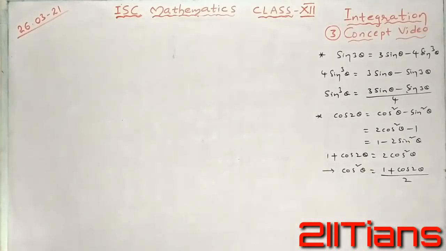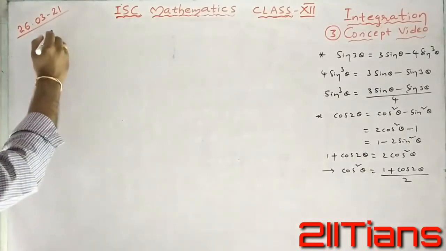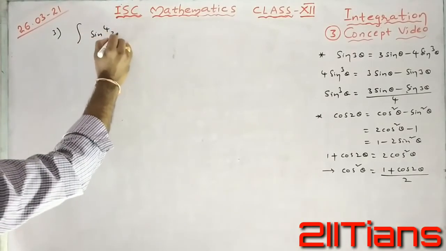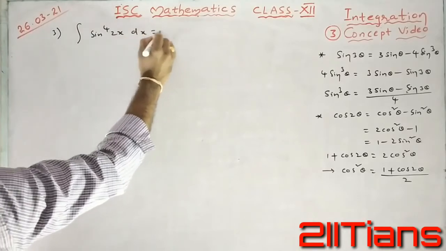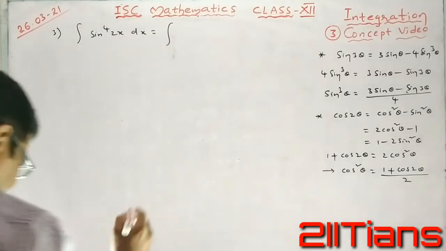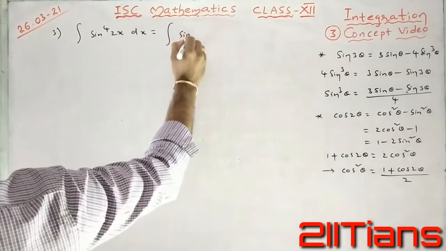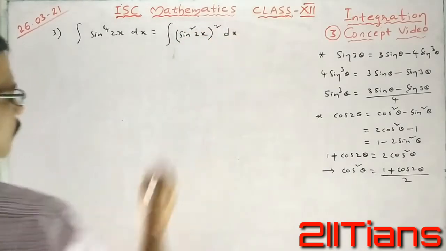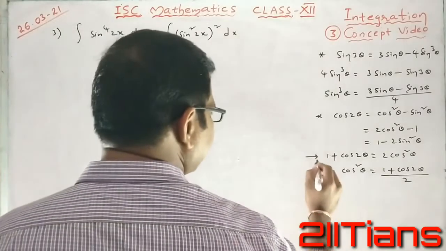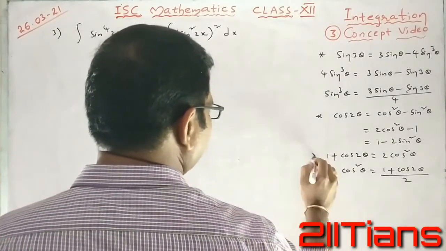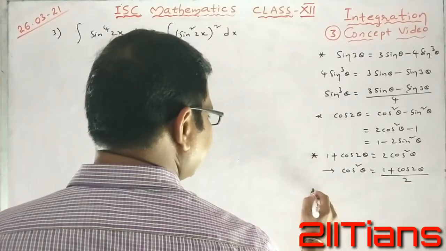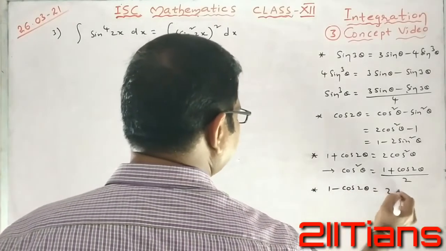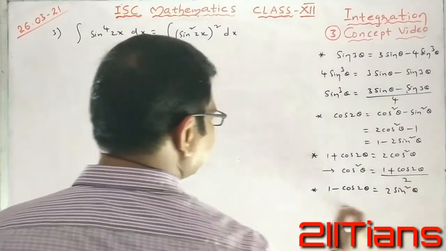Integral sin power 4 2x. Third one. Integral sin power 4 2x dx. This we can write integral (sin square 2x) whole square dx. So already I told you here, 1 plus cos 2 theta means we can write 2 cos square theta. 1 minus cos 2 theta means we can write 2 sin square theta.